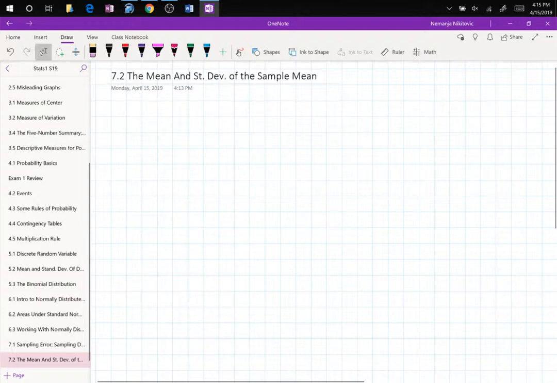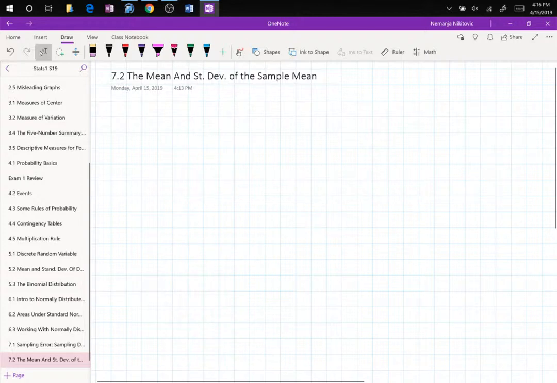We also found out that the bigger the sample size, the closer the individual means of each sample were to the population mean. So from 7.1, from that exercise, which was very tedious and annoying to calculate, to find all of those samples and then calculate all the means, we found out two things.